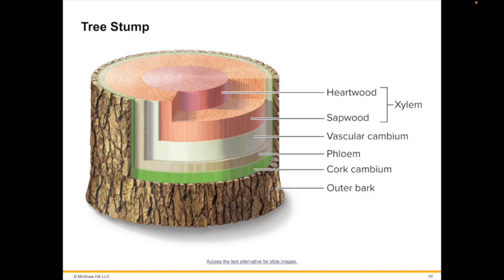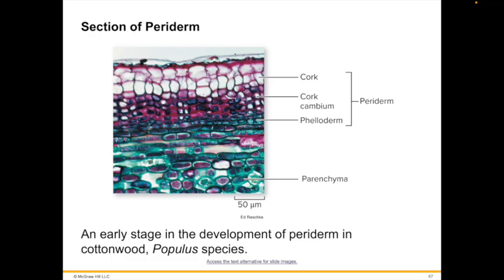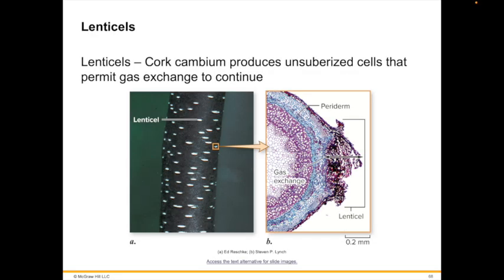In young stems, gas exchange between stem tissues and the air takes place through stomata. But as the cork cambium produces cork, and this is where I am with the cork, it produces patches of unsuberized cells beneath the stomata. These unsuberized cells, which permit gas exchange to continue, are called lenticels.